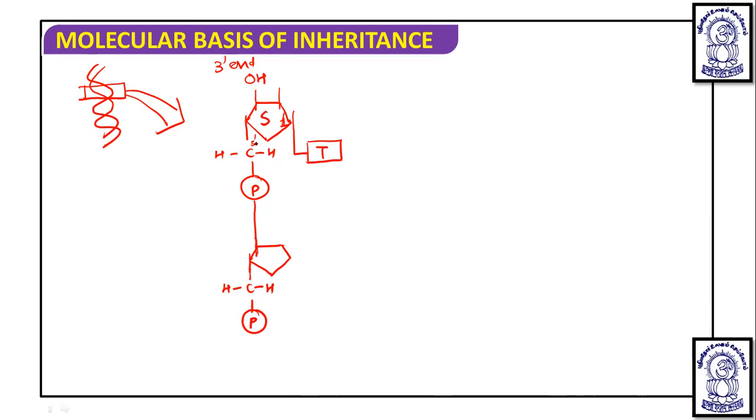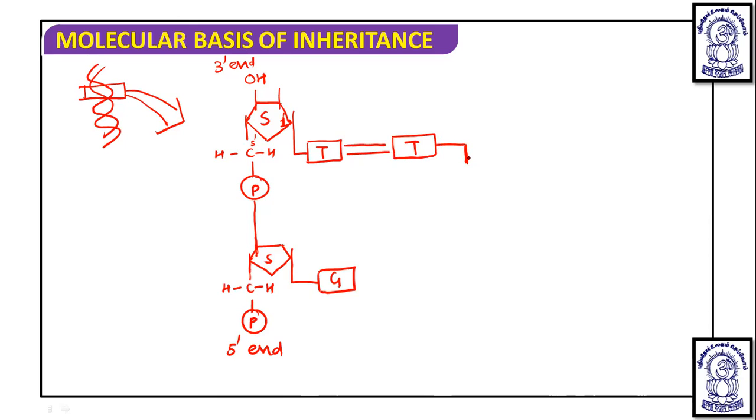So here this is a pentose sugar, and to this pentose sugar the nitrogenous base guanine will attach, okay. And here this phosphate is free at 5 dash end, so we write it 5 dash end. Now this pairs with two hydrogen bond with the thymine.